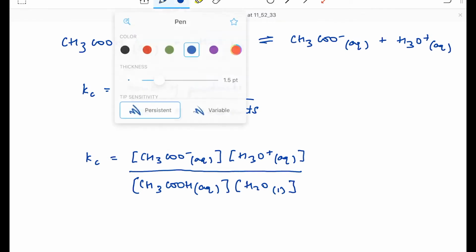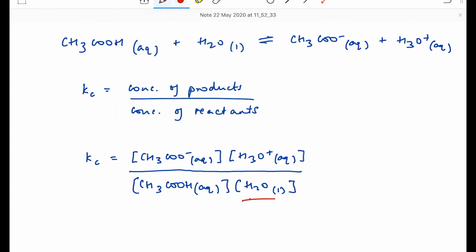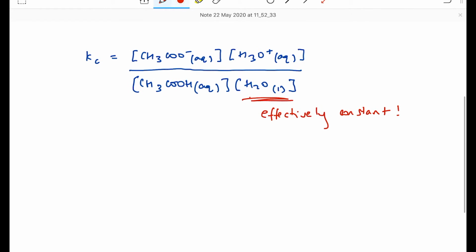Now, water is so far in excess that it is effectively constant. So we can rewrite even this expression. So let's remove water by multiplying it out, move it from the right-hand side of the expression.